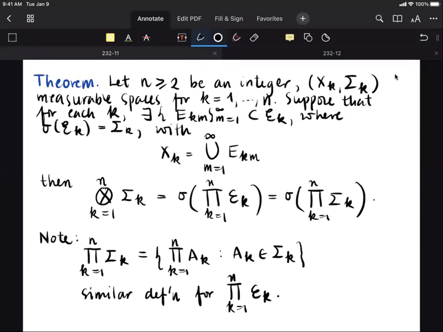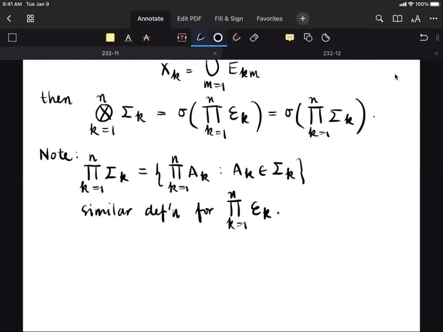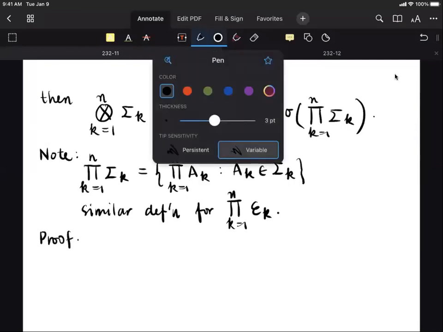Okay, so this is just the notation. So let us look at the proof of this theorem.